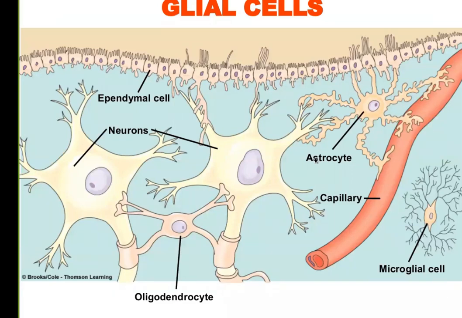Additionally, in our nervous system, both central and peripheral, we have many supporting cells. Usually, we call them glial cells. It's the common name for all supporting cells, and it comes from the English word glue.